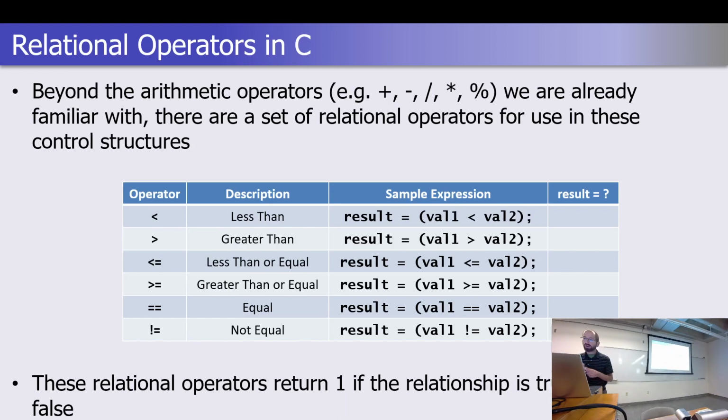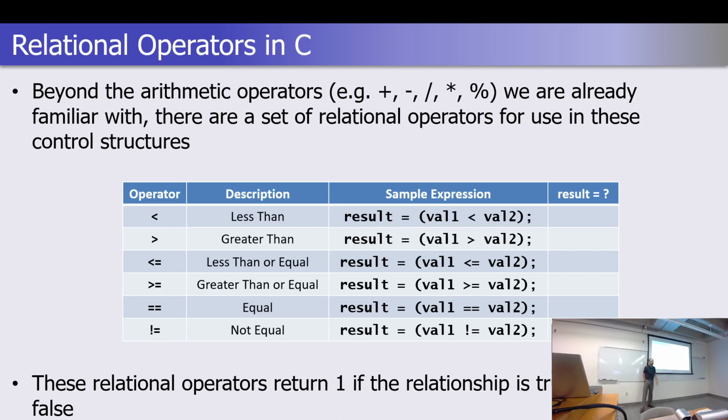They are the basic ones that essentially all programming languages provide. There's the less than operator. So for example, you can have another variable set as the result of whether value 1 is less than value 2. So you have less than, then greater than, less than or equal, greater than or equal, equal, not equal. These are pretty common across programming languages.